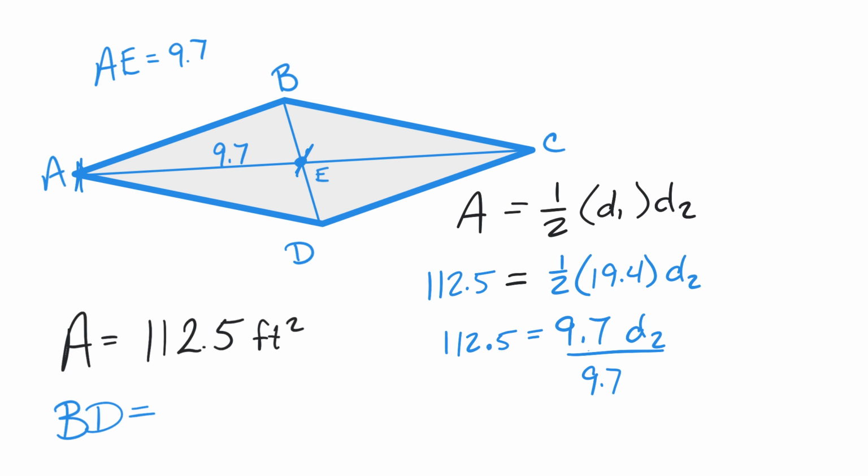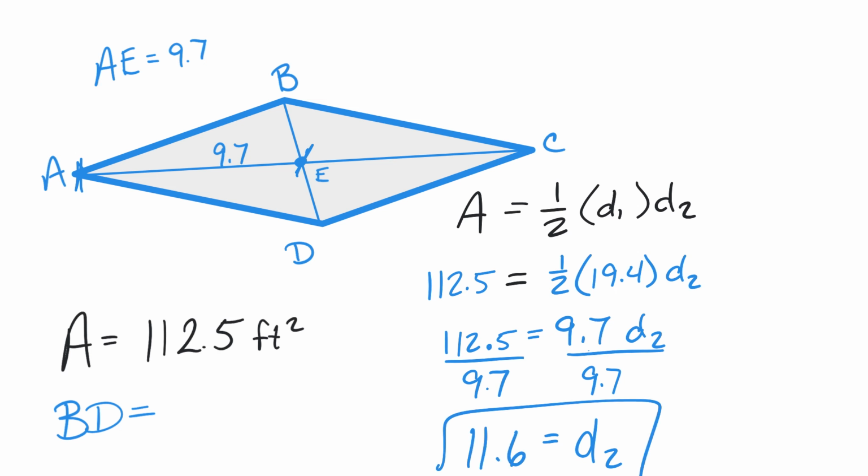So when we divide by 9.7, we learn that the second diagonal is equal to 11.6. So BD would be 11.597, so it would round up to 11.6.